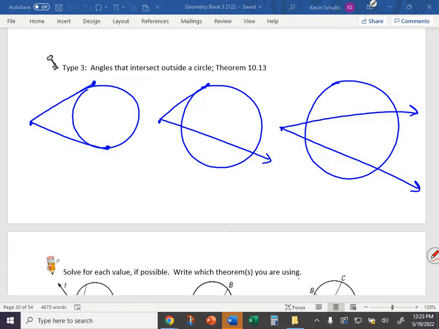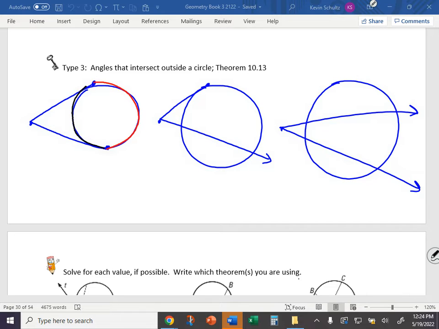And in every situation here, the types of angles that you get, you'll get a big angle and you'll get a small angle, right? In the first one, our big angle is the major arc going around there. Our small angle is the minor arc that's kind of on the inside there.